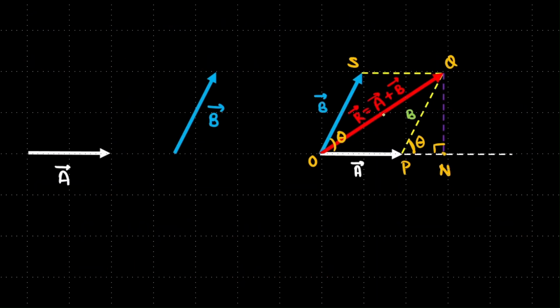So the angle between vector R and vector A is phi. So our obvious question is, why did we take the angle between vector A and vector R? Could we have taken it with vector B and vector R? Yes, we can. And another question that you might have is, why do we actually take it with vector A or vector B?